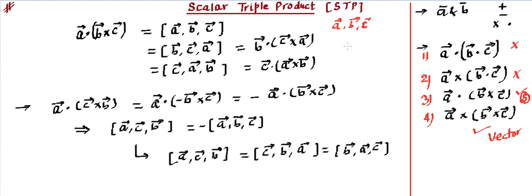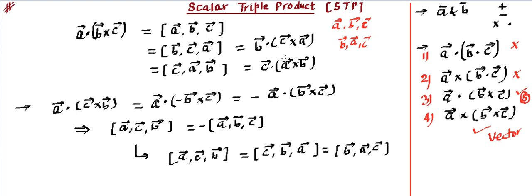But if the order is reversed, that means any two are exchanged, then you will find this value will be the negative version of this value. So changing the position of any two vectors will result in a minus sign. So swapping or exchanging two positions will bring a minus sign. If we keep on maintaining that order, then the value remains the same.